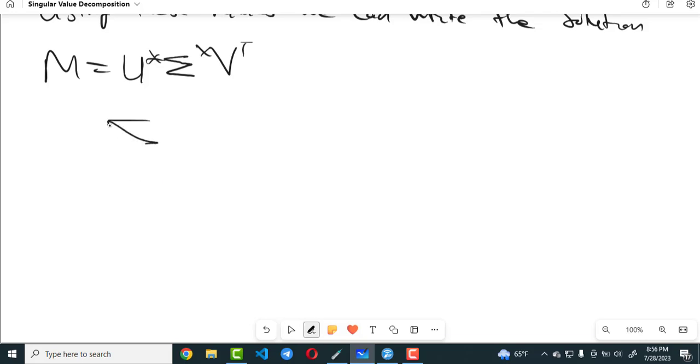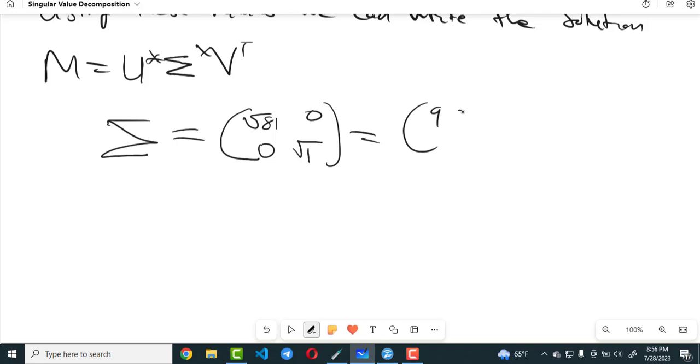Sigma here is equal to the square root of 10, 0, 0, and the square root of 1, which gives us nothing but 9, 0, 0, 1.